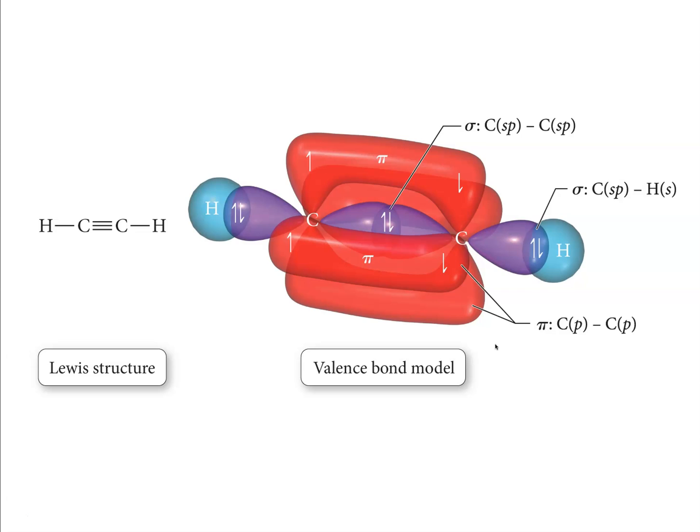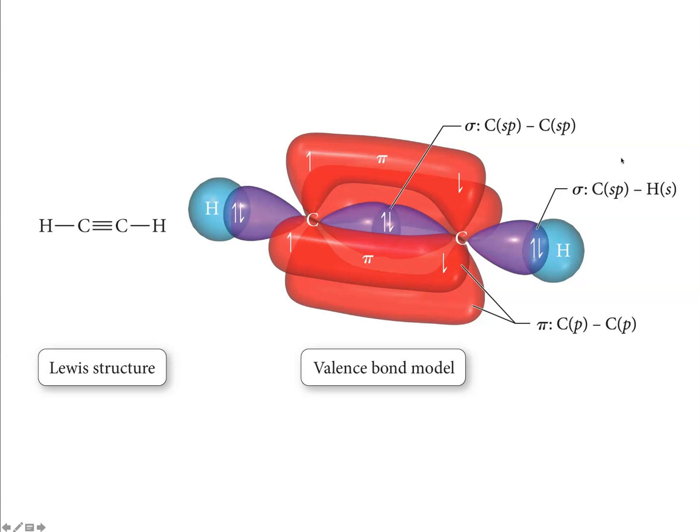Then you have an unhybridized p orbital on both carbons in the y direction, going above the plane and below the plane. Thirdly, you have an unhybridized p orbital on both carbons that is on the z-axis, this one coming out of the page and this one right here going behind the page.